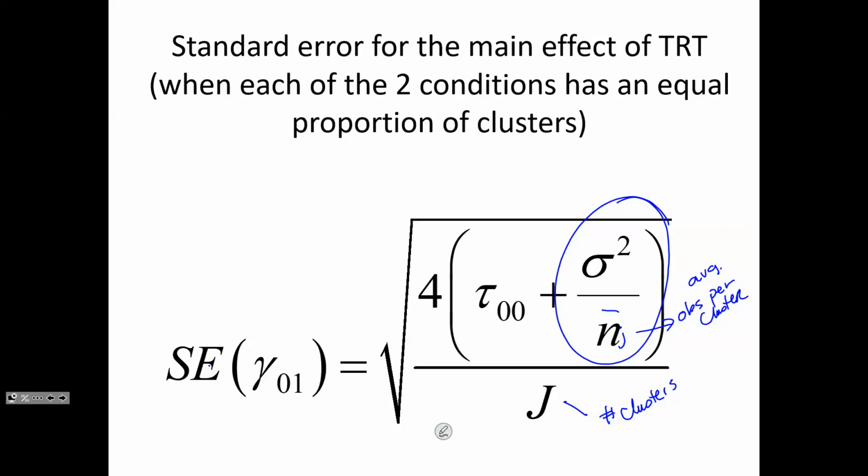But even if this whole thing is 0, the smallest that your standard error is going to get is the square root of 4 times tau naught divided by J. That's as small as it can get.